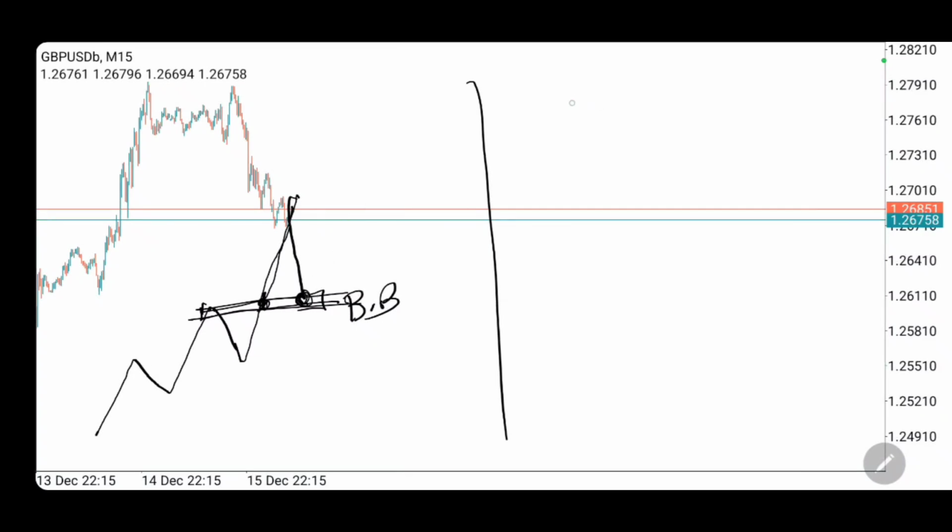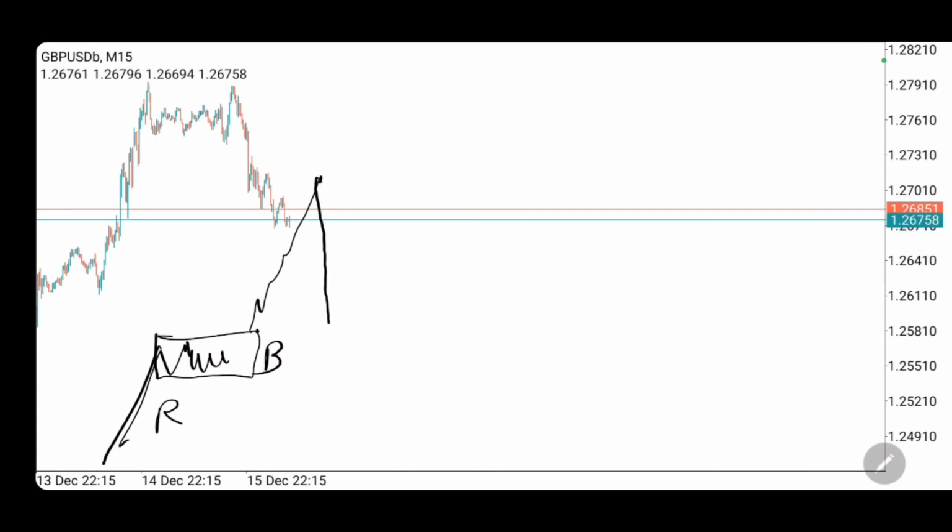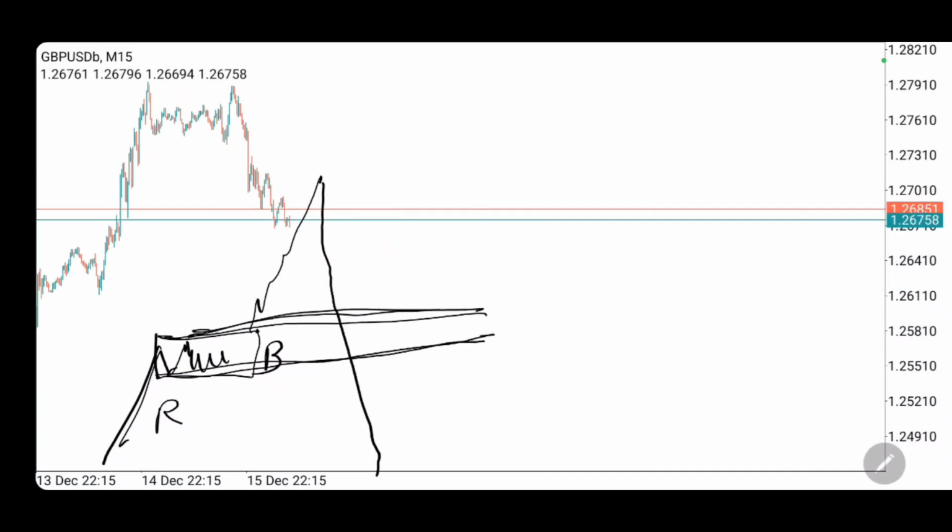So ordinarily you have a zone, a rally base supply zone, and price is expected to come back to sell from this zone. But in a situation whereby the price comes to the zone, breaks the zone, and does not sell from the zone, this forms our bearish breaker block.